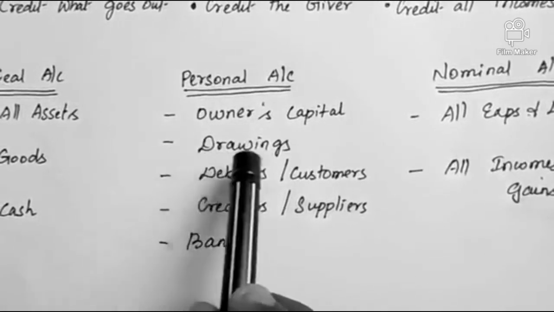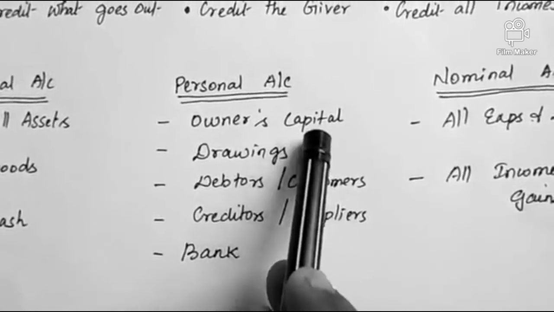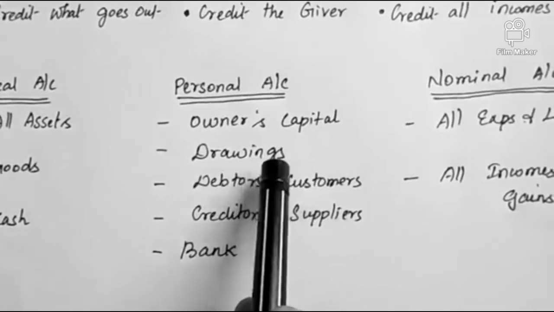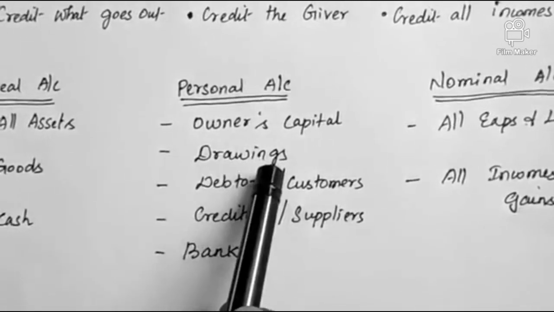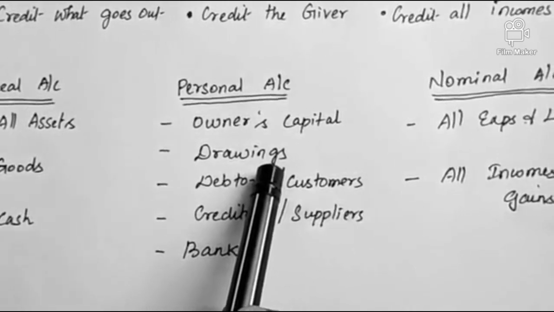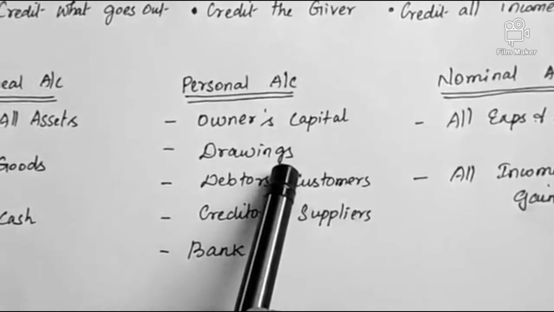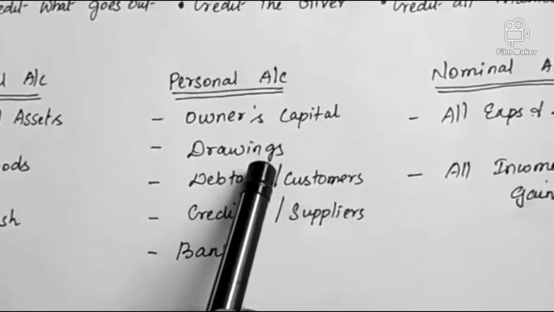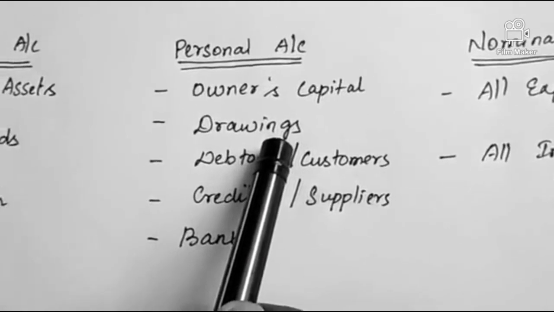Drawings means a proprietor withdraws some amount from the business for his or her own personal use. Drawings can be in the form of cash, check, or goods. If we withdraw cash from the business, the entry is drawings account debit to cash.